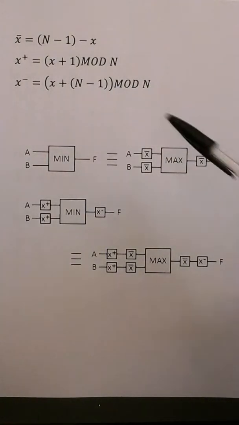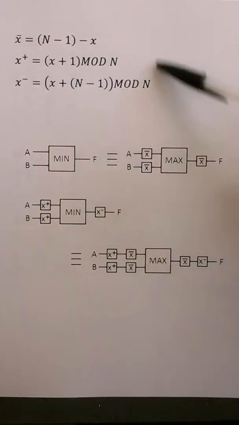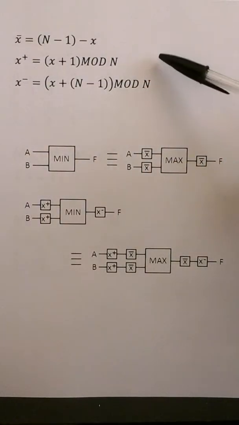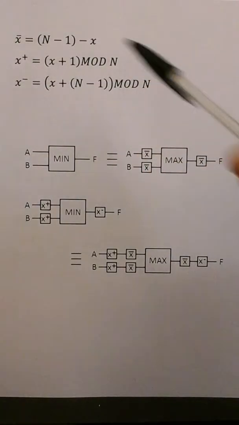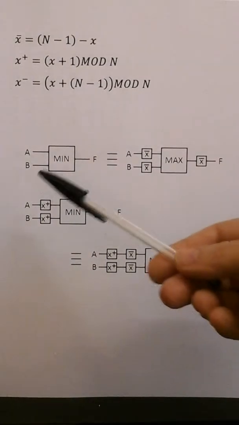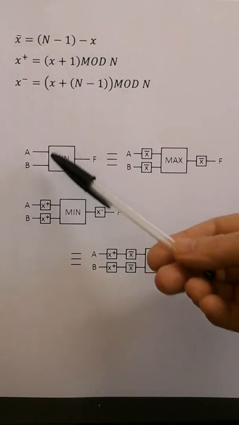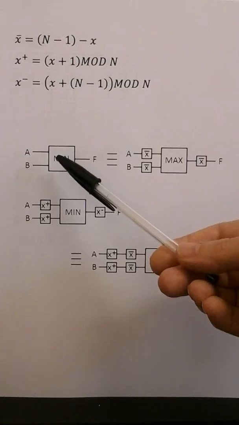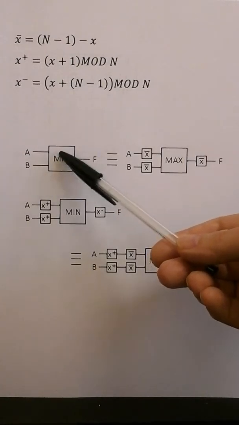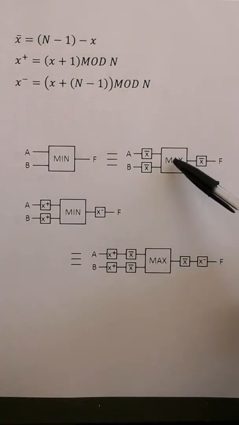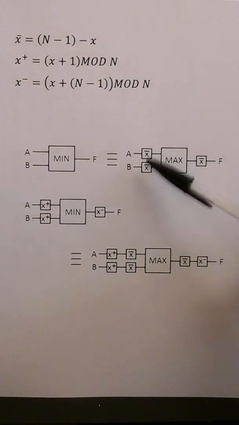In the binary case, all these functions are equal to not x. These are not functions. So the minimum function in the Boolean form is the AND function, the maximum is the OR function. So not x is the not function.